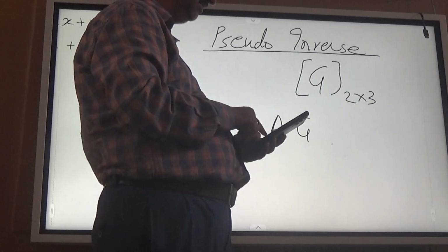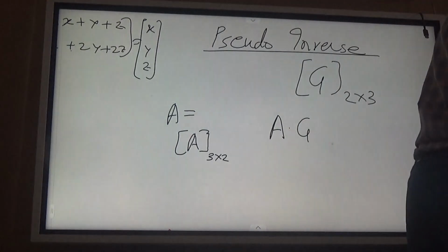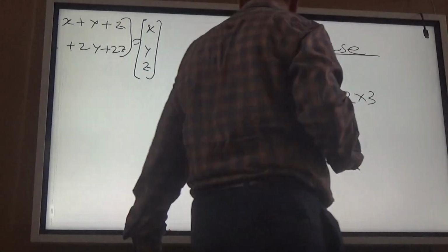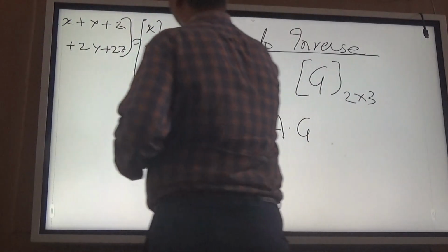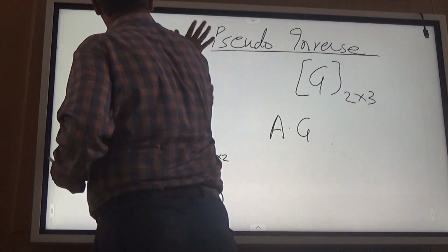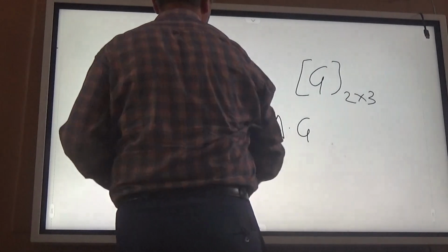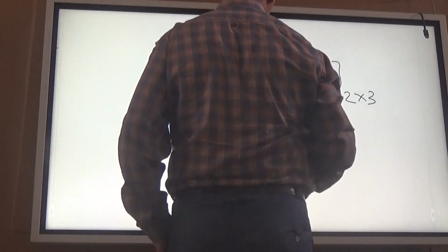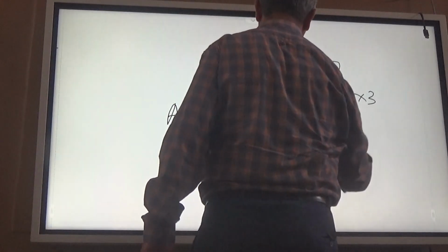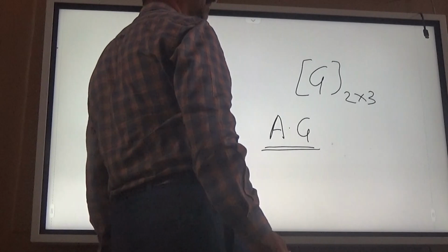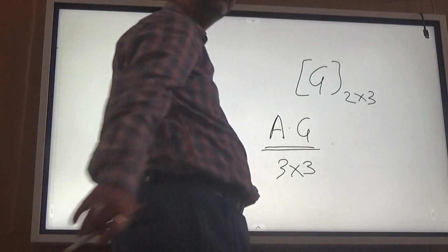So how can you find the inverse? A is 3 by 2, G is 2 by 3, so AG will be 3 by 3, right?